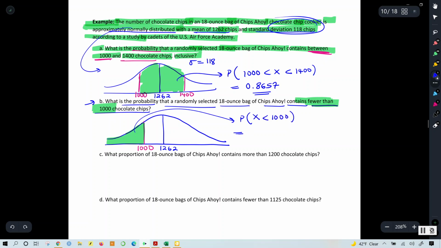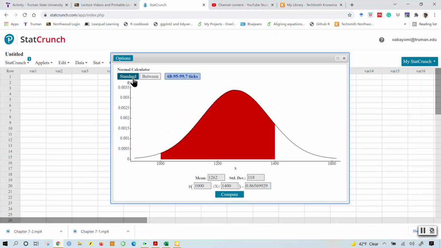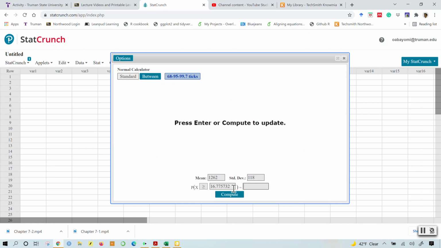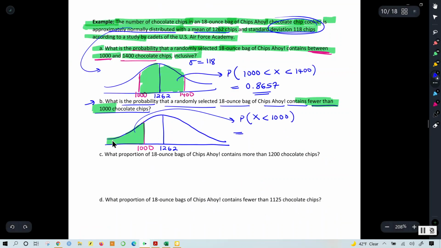And this will be equal to, going to StatCrunch, I would need the standard interface. I still have the right parameters, and I'm going to delete this, and delete that too. Based on the question, I want to the left, or less than, in that direction.